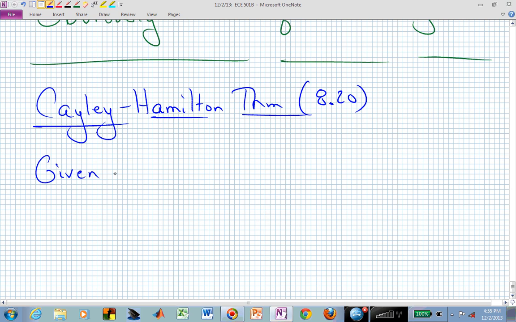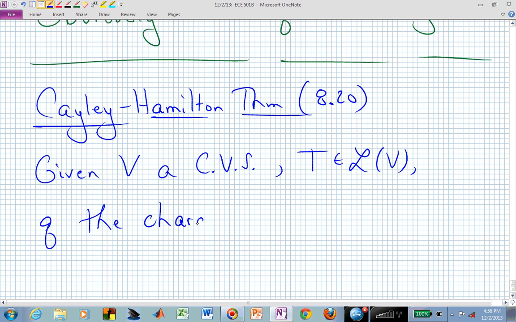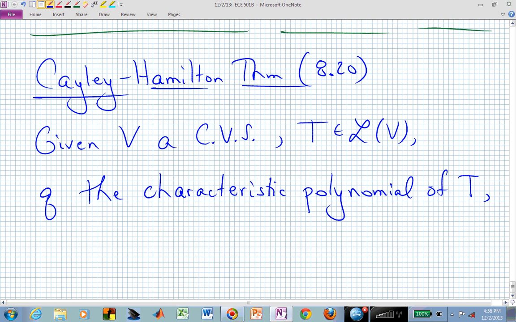It says, given a complex vector space V, and a linear operator T on that vector space, with the characteristic polynomial Q of that linear operator T, then Q of T, if we replace all the z's in Q of z with the operator or the matrix representation of that operator T, is going to be equal to 0.